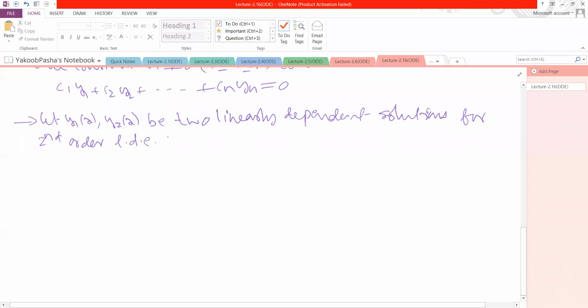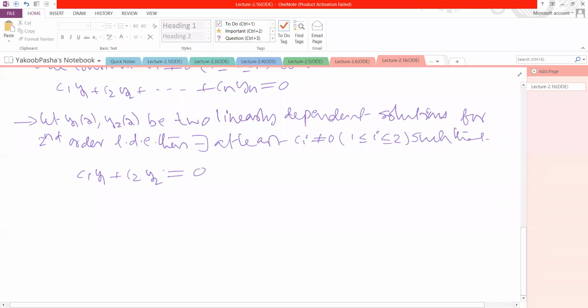Then by definition there exists at least one ci not equal to 0, here i lies between 1 and 2, such that the linear combination c1 y1 plus c2 y2 is equal to 0. This is the linear dependence of two vectors. Now in this case, either c1 is not equal to 0 or c2 is not equal to 0.